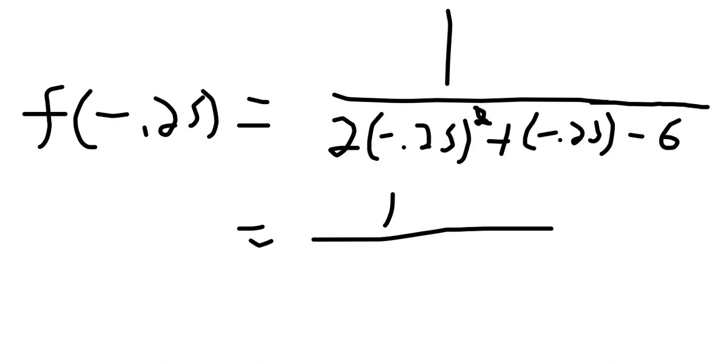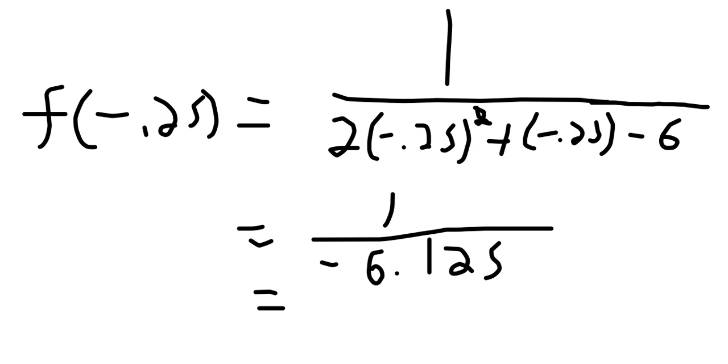So I can use my calculator to figure out the value here. I've got 1/4 squared is a 16th. That's 2/16 minus 0.25 and minus 6. That's going to give me 1/-6.125.